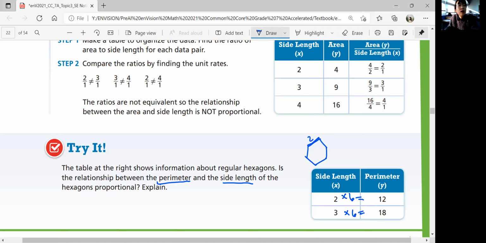So if we find y over x, perimeter y over side length x, we get 12 over 2, which is 6, 18 over 3, which is 6. Do we have the same proportion ratios? Yes. So do we have a proportional relationship? Yes. Okay.